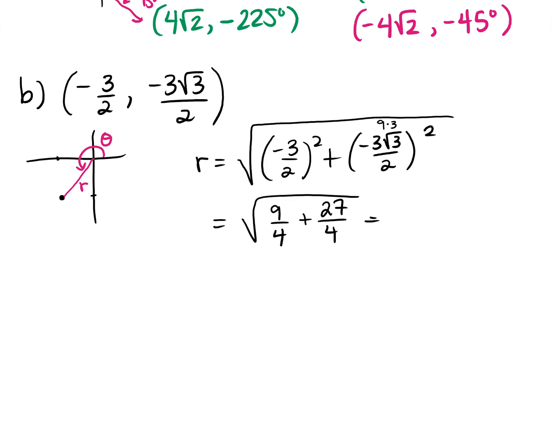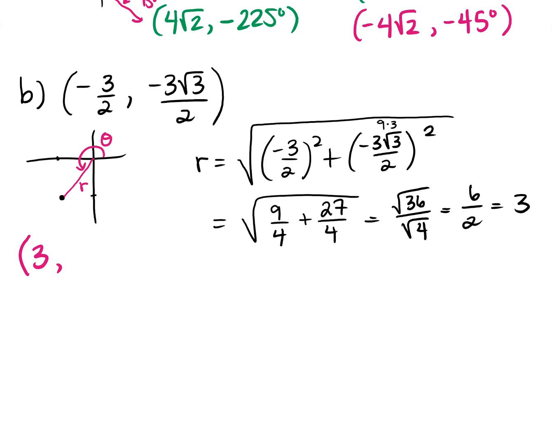Oh, this is pretty nice. So I get the square root of 36 over the square root of 4. Well, I could have also done 36 divided by 4 is 9. Oh my goodness, I can't believe I did that, but I did. Hey, there's more than one way to get around it. So what do I know r is? I know r is 3.